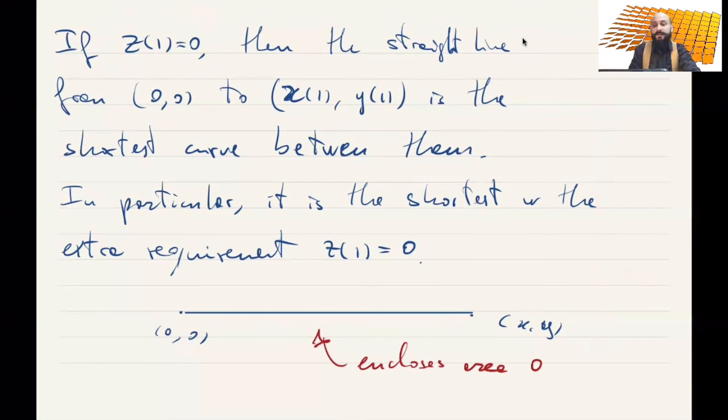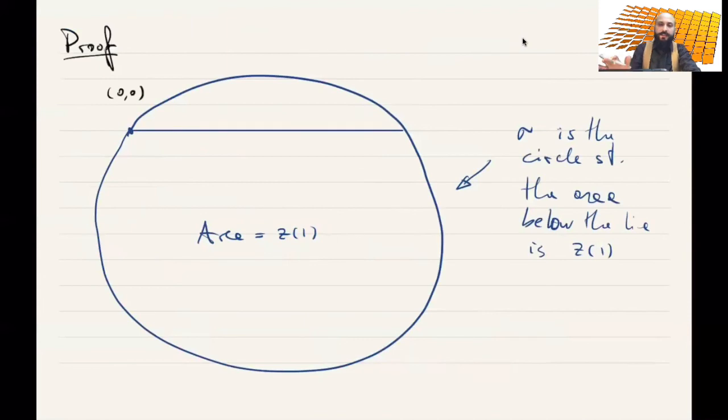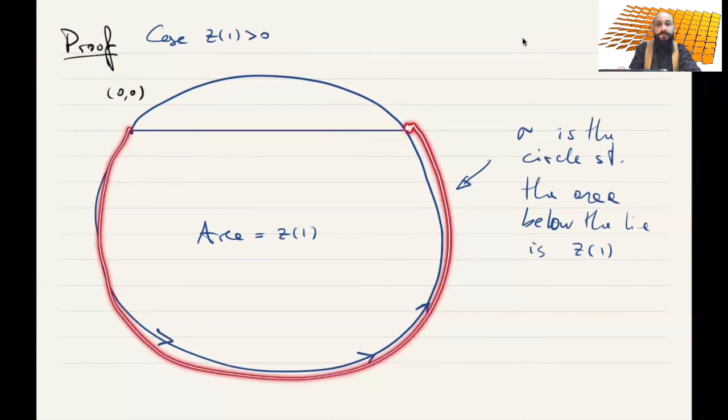Now what about if Z1 is non-zero? It's either positive or negative, but it's very symmetric. Let's think that Z1 is positive. Otherwise, we have to orient the circles in the opposite direction. So if we orient the circle in this way, then we took the arc of the circle that encloses area Z1.